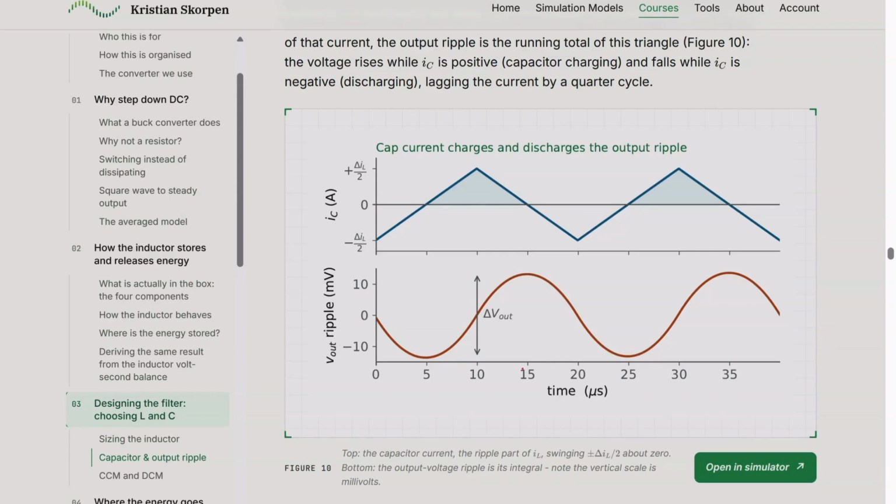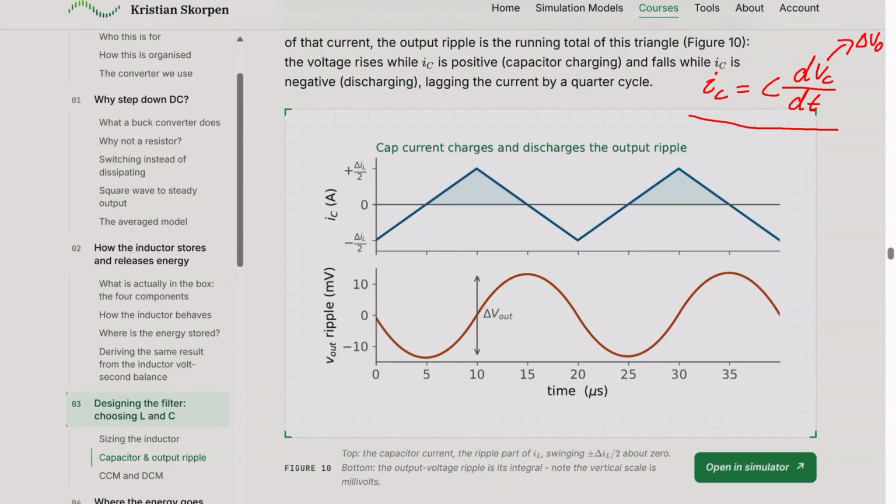So we have the equation for the current, which is the capacitance multiplied with the derivative of the voltage over the change of time, or the derivative of the voltage with respect to time. And I actually want to simplify this a bit, so that we can interpret it a bit better. So let's say that the change of voltage is actually the ripple of the voltage.